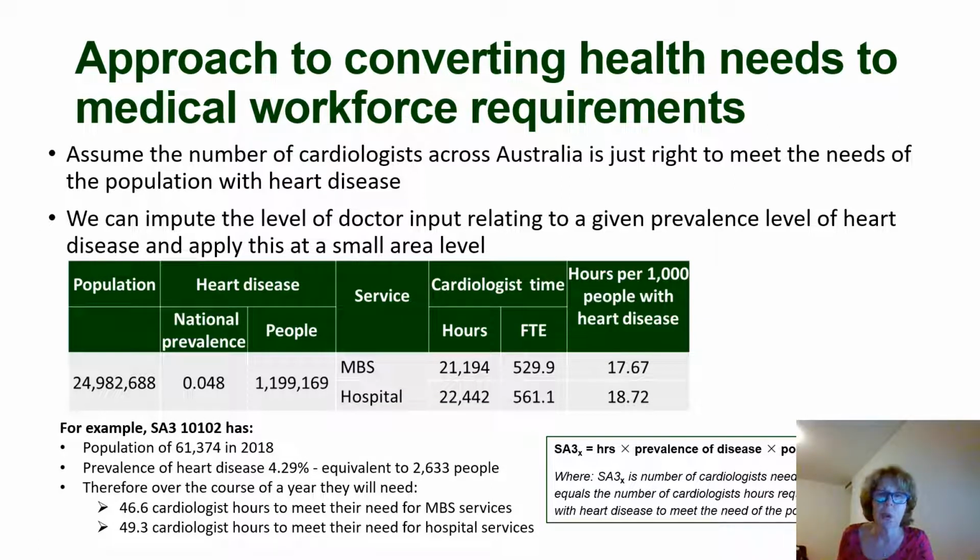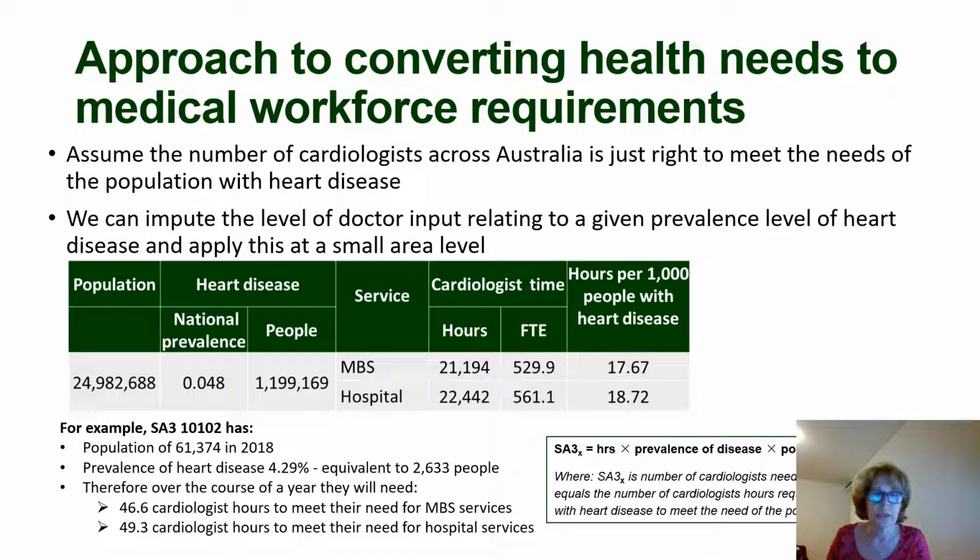And we can then work out the number of hours per 1,000 people with heart disease per annum. We can then take that rate of hours per 1,000 people with heart disease and apply that to an SA3 level geography, where we've made an estimate of the prevalence of heart disease.